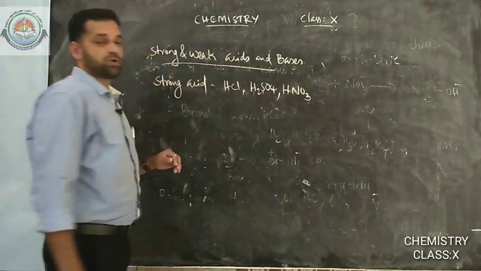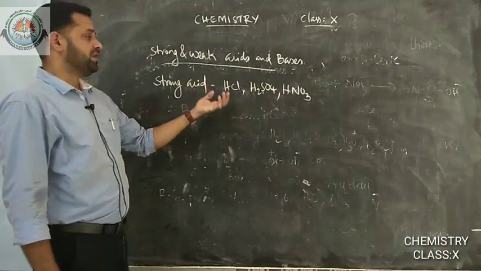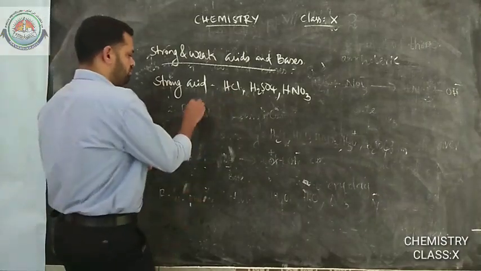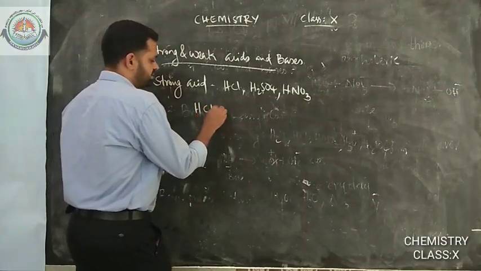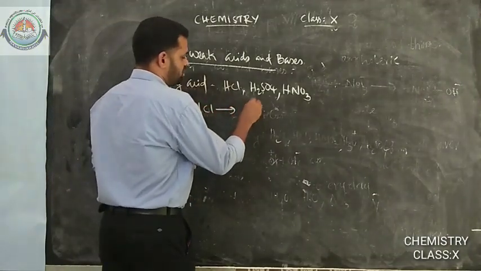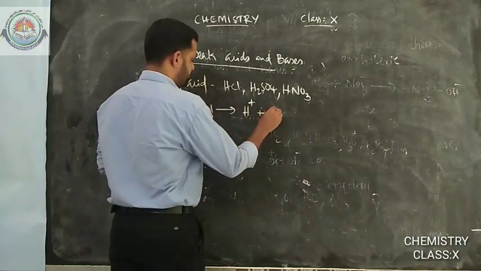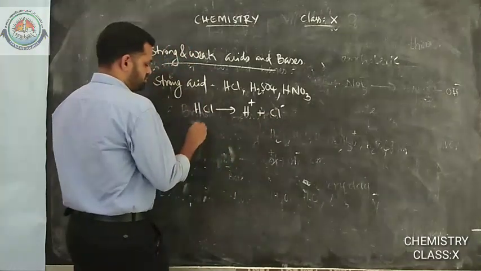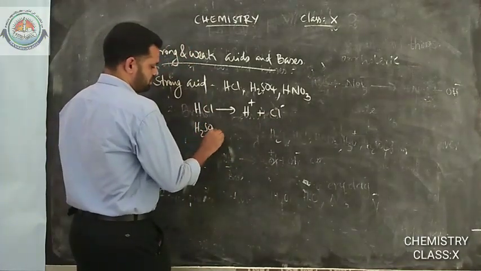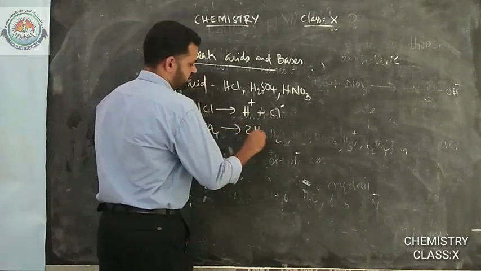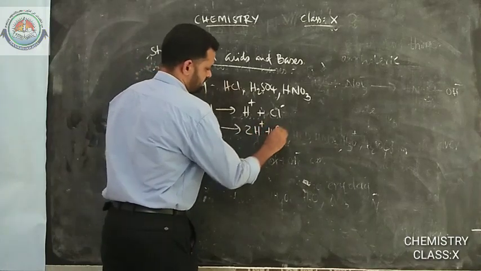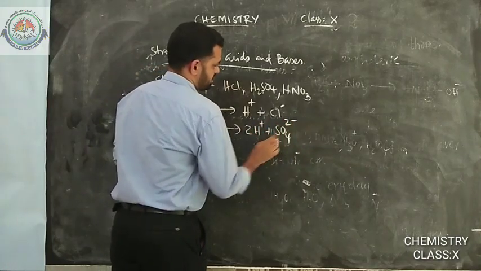All these are strong acids because they undergo complete ionization when mixed with water. HCl gives H plus and Cl minus ion. H2SO4 completely ionizes to give 2H plus plus SO4 2 minus ion.